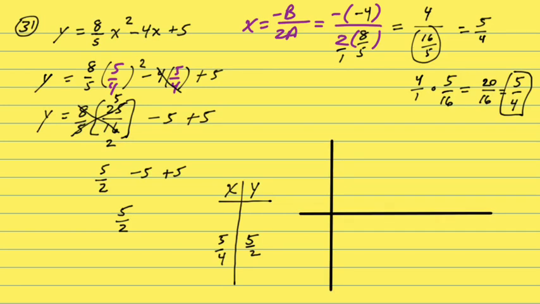5/4 is between what integers? 5/4 is 1 and 1/4. Then I'd go to 2 and 1/2. 5/2 is 2 and 1/2. If you put in a 0, what would you get out?